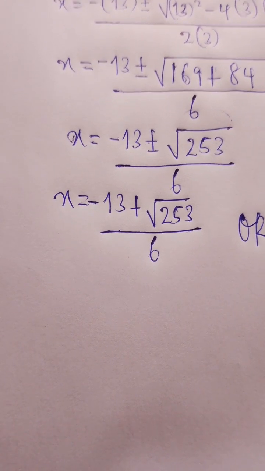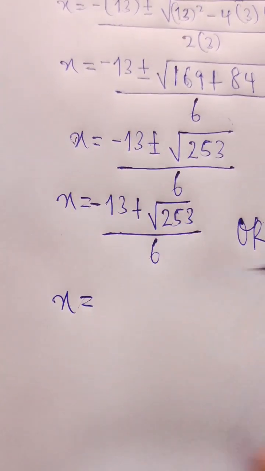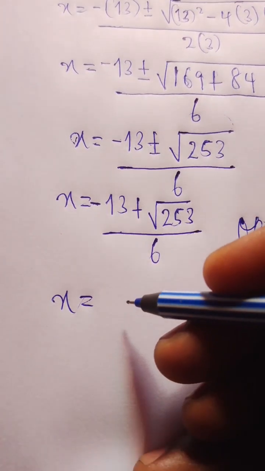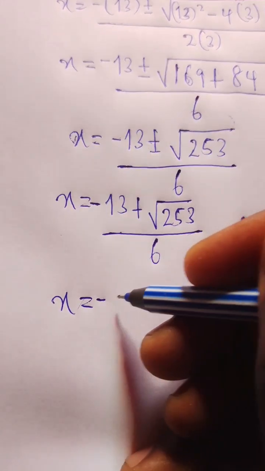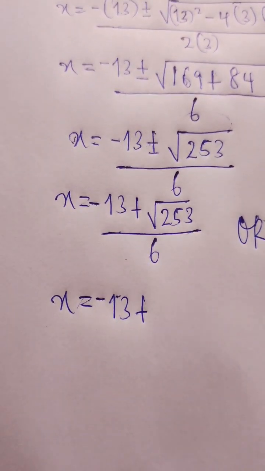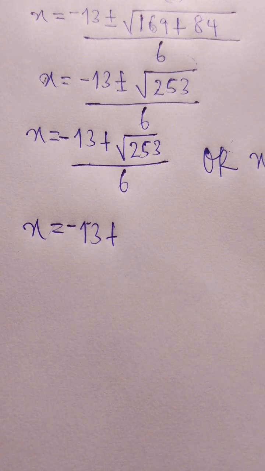Let's do the left hand side first. So I'm going to say negative 13 plus, we'll find the square root of 253.